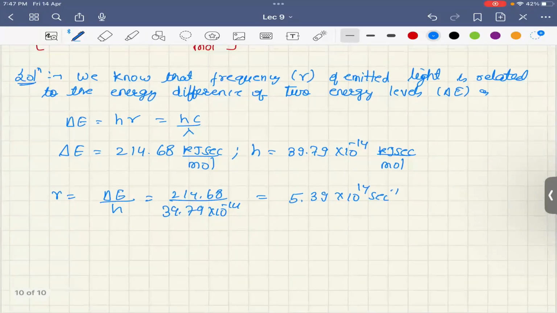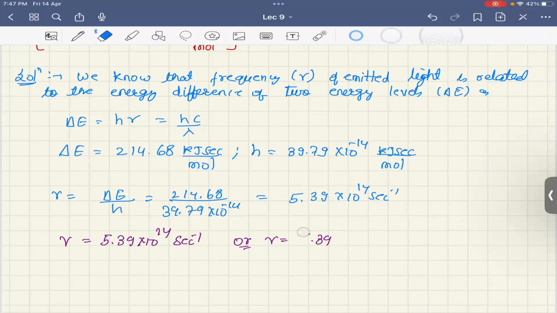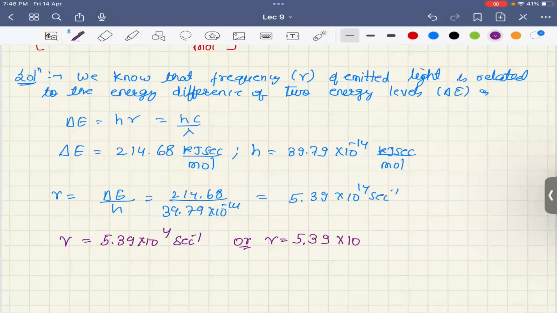Hence nu is 5.39 × 10^14 second inverse, or 5.39 × 10^14 hertz. So this is the answer.